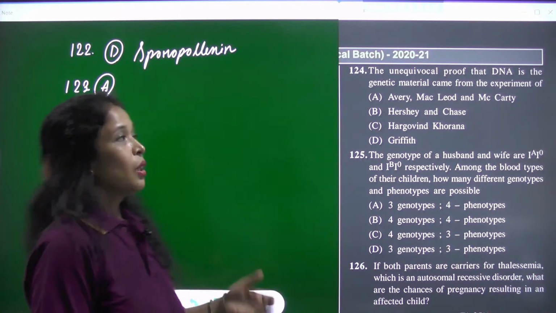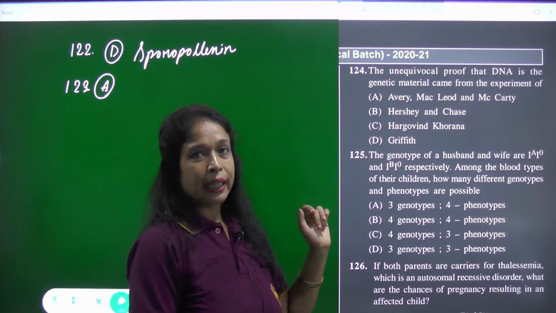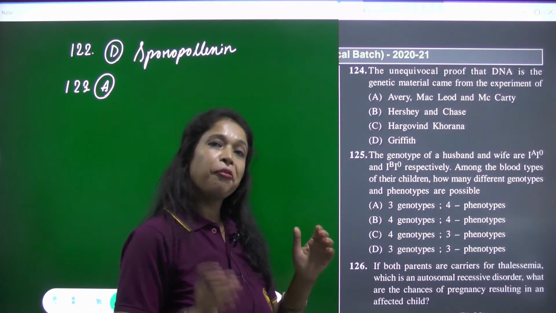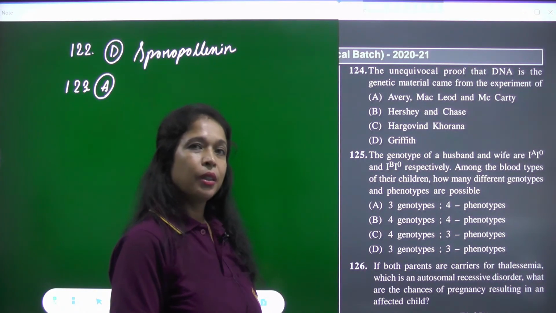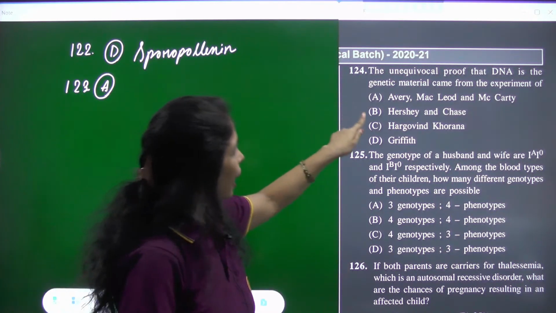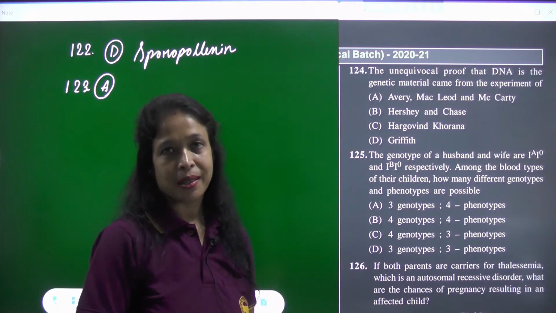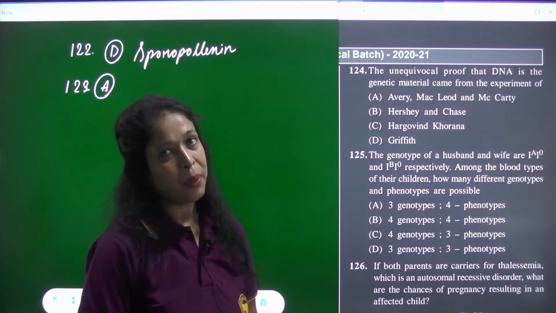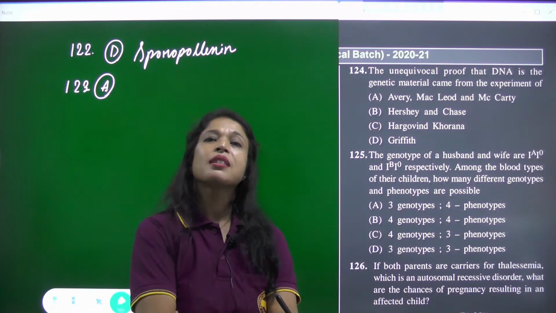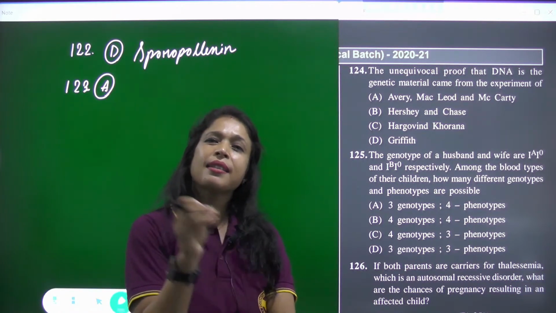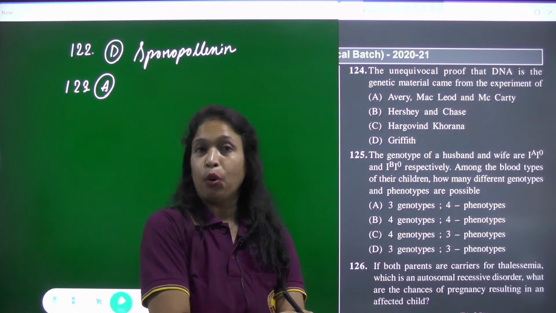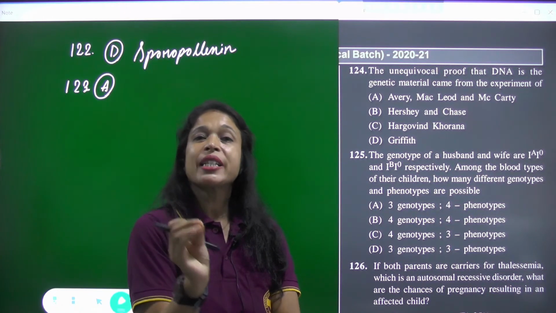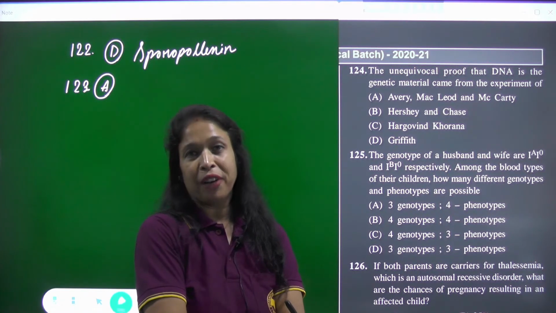Next question, the unequivocal proof that DNA is the genetic material in the virus, it came from the famous experiment of whose? It is Hershey and Martha Chase. Okay, we all studied this, it's a very famous experiment, the first experiment, or you can say it is the unequivocal proof to prove that DNA is the genetic material in the bacteriophage.